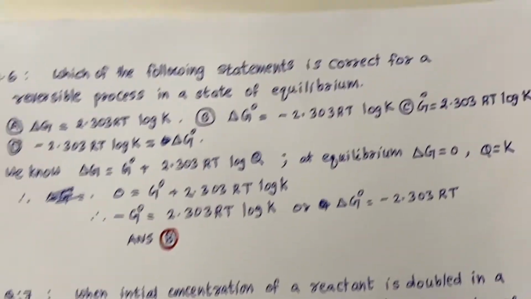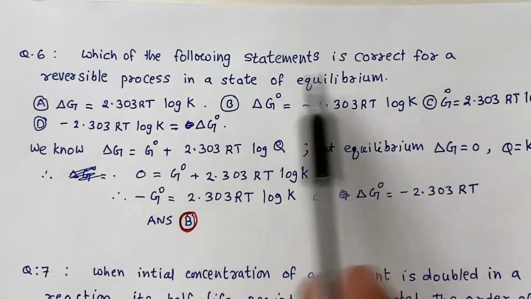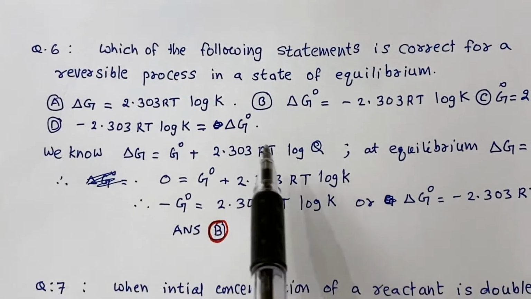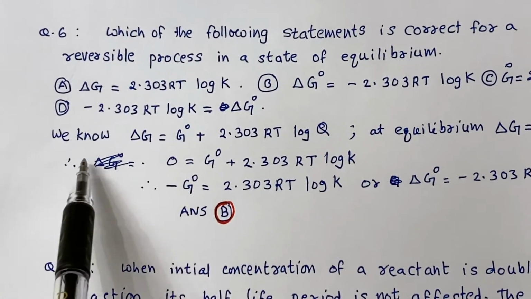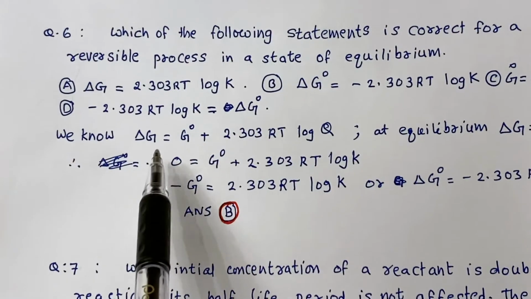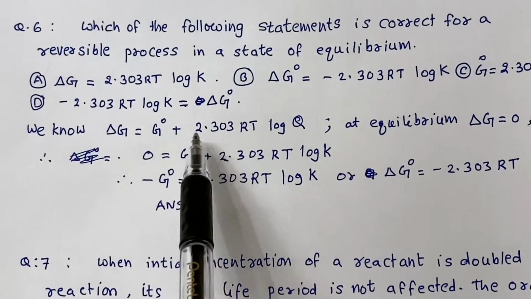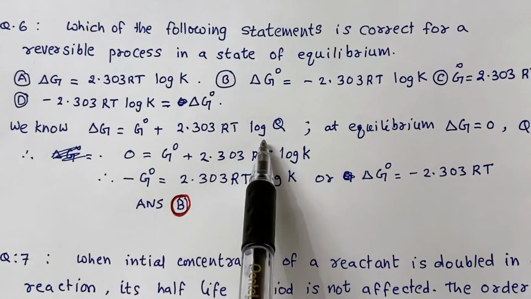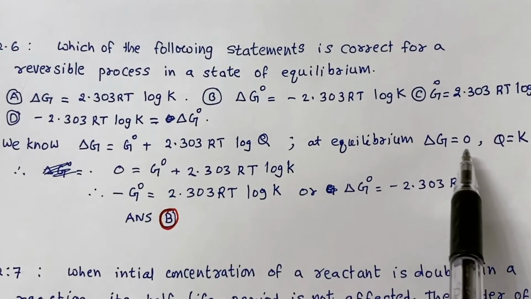So we'll go to the next 6th question. Which of the following statement is correct for a reversible process in a state of equilibrium? So here we have to use the formula delta G is equal to delta G naught plus 2.303 RT log Q. So at equilibrium delta G is equal to 0.